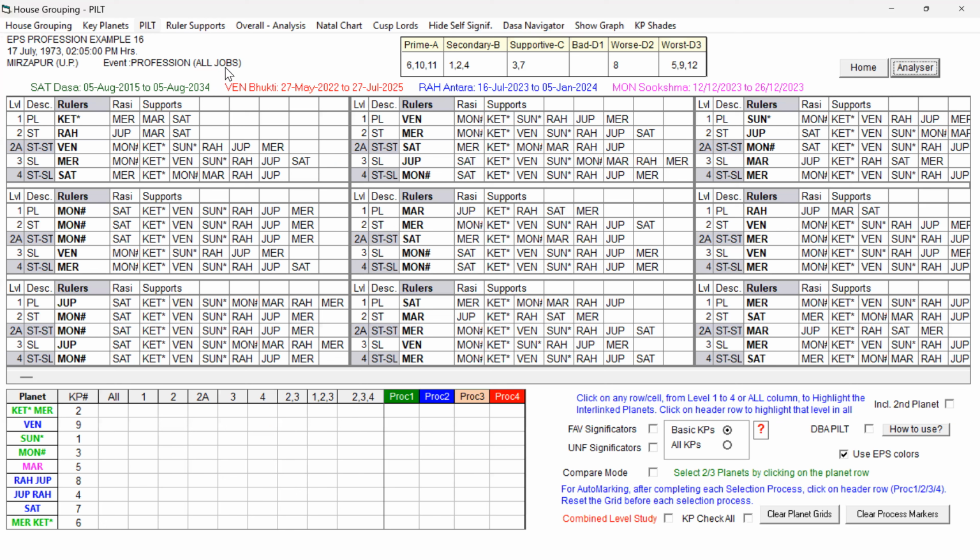You can see that the native is working abroad, but I have chosen the event profession, all jobs, because whatever may be the type of profession, accordingly some houses can be supportive. Even the fifth house and ninth house, which in general come under D3, are unfavorable because of the 12th house to the 6th house and the 10th house.